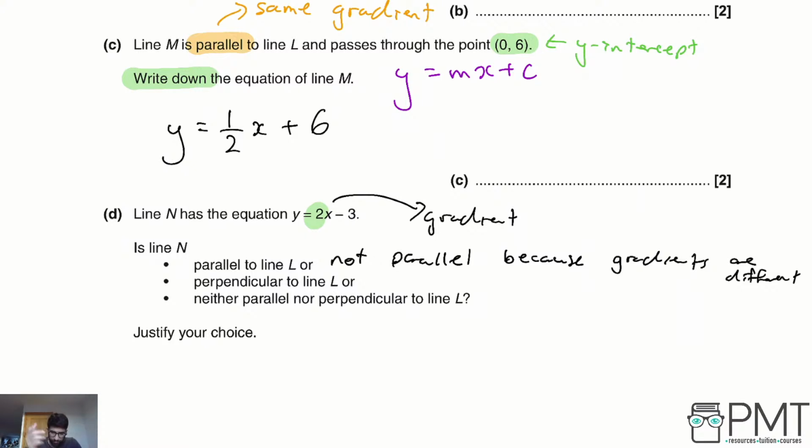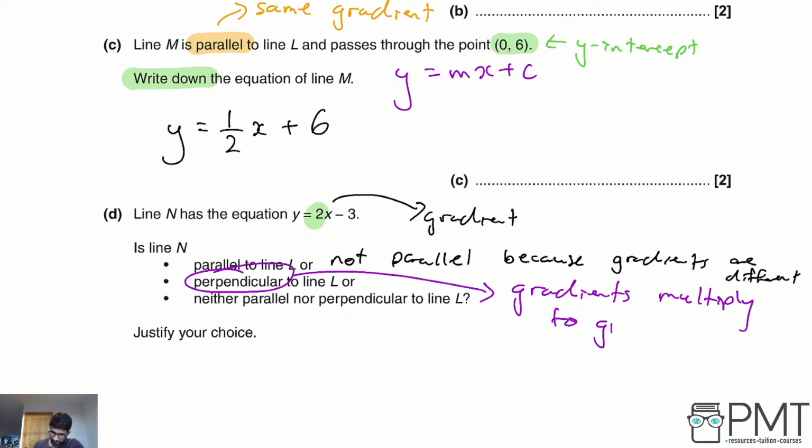The gradients need to multiply to give you -1. So perpendicular, make a note of this. Multiply to give -1. Yep, so negative reciprocal, yep, -2.